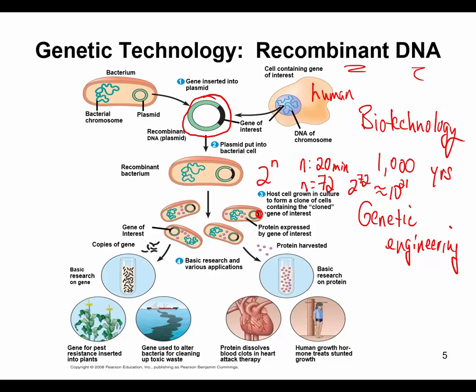And that could be human insulin, human growth hormone. It could be a gene for pesticide resistance. So now if you have corn that's pesticide resistant, you don't have to spray it with pesticides. It's already resistant by virtue of its own gene, or a recombinant gene in this case. You could put a gene in the bacteria that helps it digest oil better.